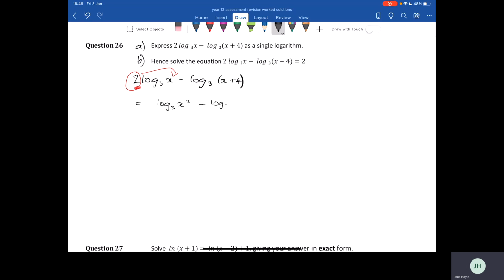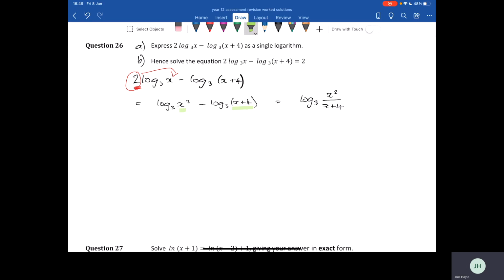But you need to very much stick to your 2 different stages. Now I've done that, I've got one thing, the second thing, they're both base log 3. So I can say, right, that is log to the base 3 of x squared over x plus 4, and that is my single logarithm.